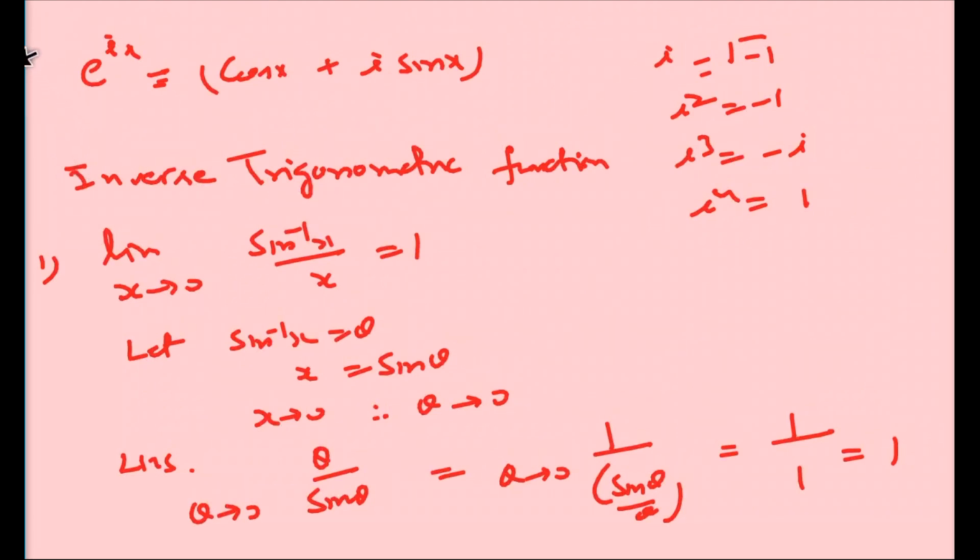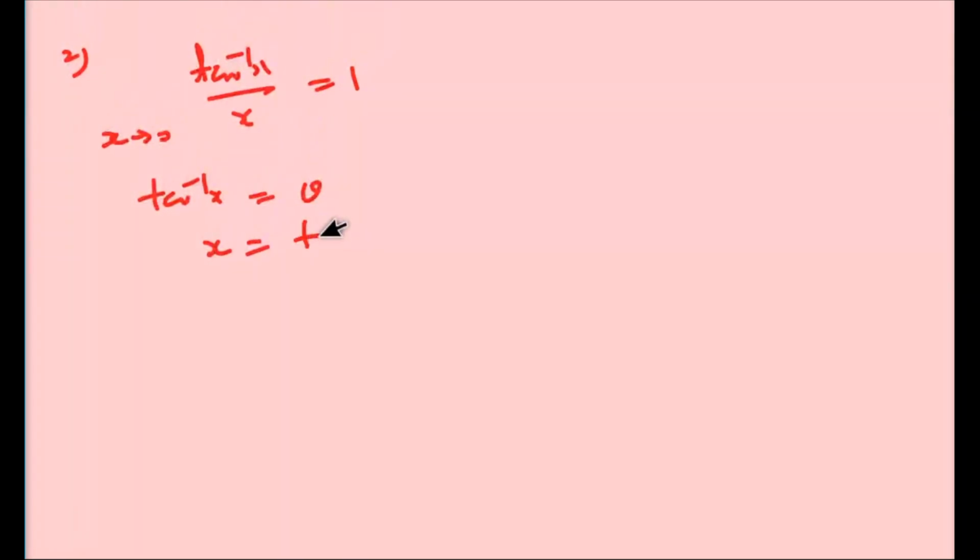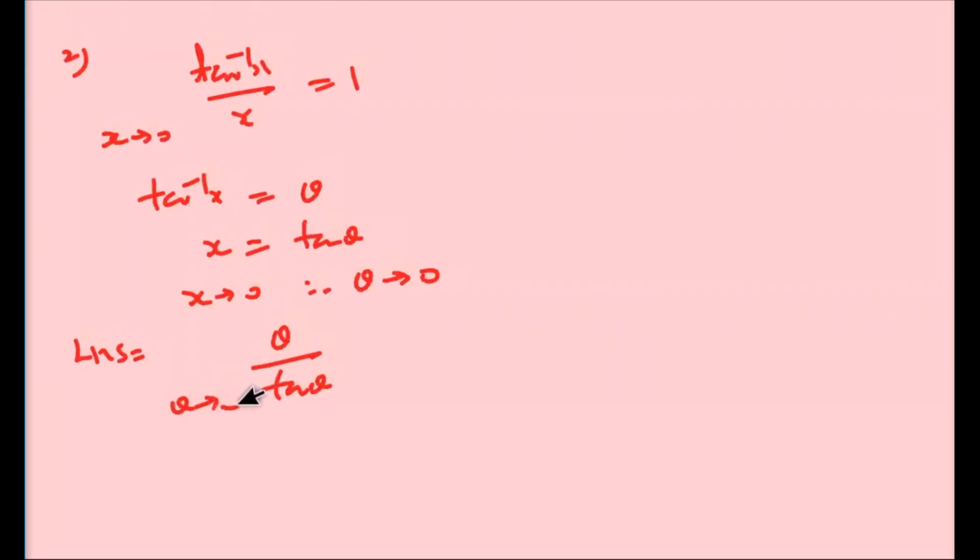Now similarly, for tan inverse x upon x as x tends towards 0, the limit is 1. So similarly, let tan inverse x equal theta, then x equals tan theta. If x tends towards 0, then we can say theta tends towards 0. Hence our LHS is theta upon tan theta as theta tends towards 0.